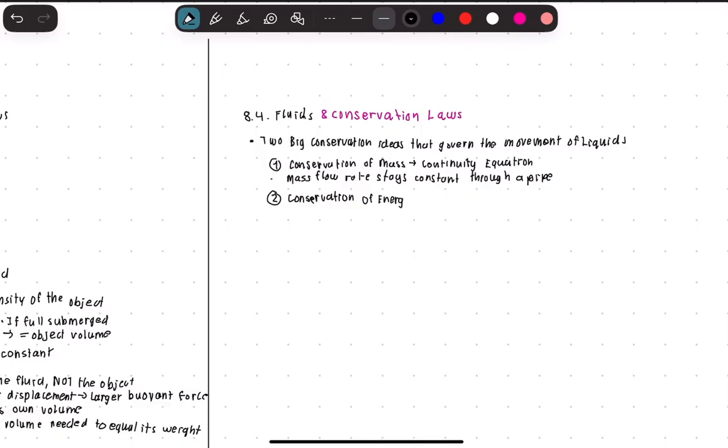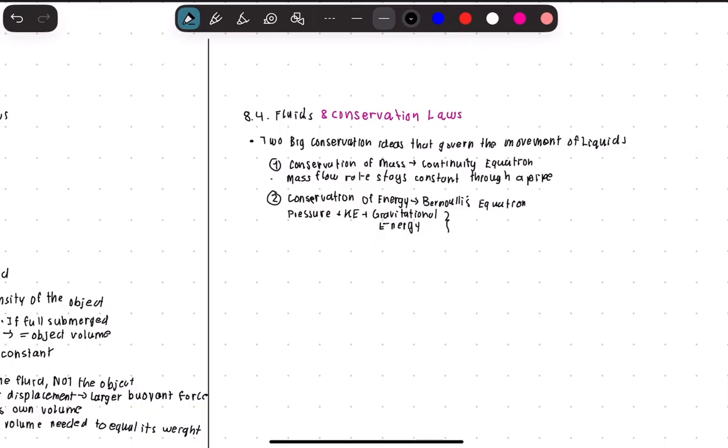Which basically states, through Bernoulli's equation, that pressure plus kinetic energy plus gravitational energy remains constant.